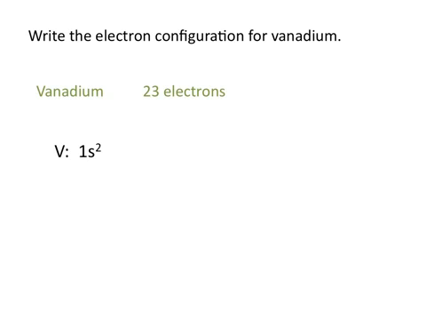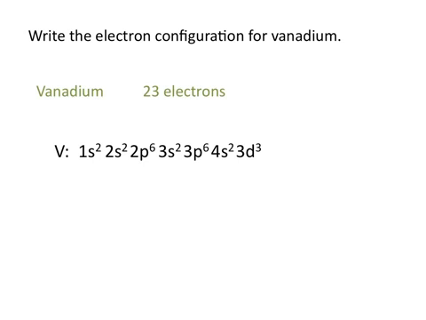So in the 1s orbital I place 2 electrons, so 1s2, then 2s2, so that's 4 electrons, followed by the 2p orbitals, which can hold 6 total electrons, so now I've placed 10 electrons, followed by 3s2, there's 12 electrons, and 3p6, there's 18 electrons, and then the 4s2 orbital, that's 20 electrons, and the last 3 electrons go into the 3d orbital, so I have 3d3.